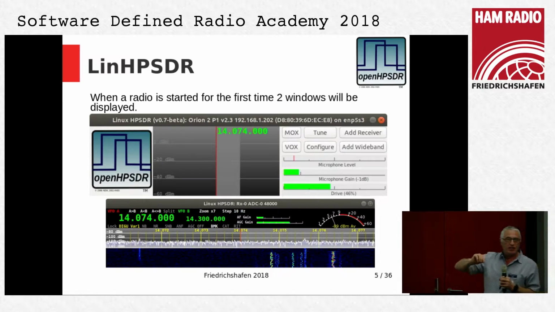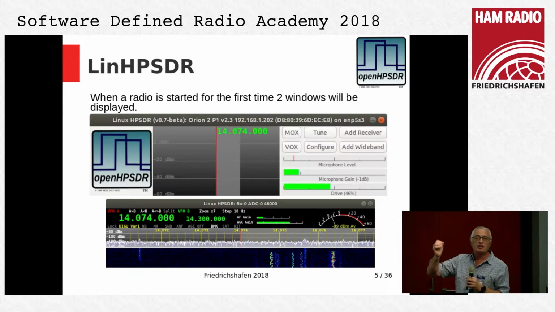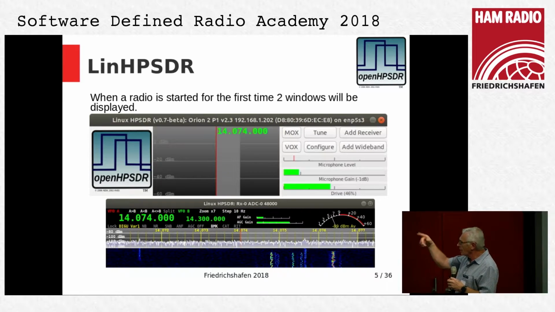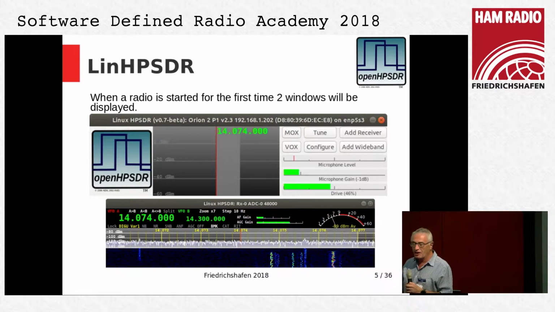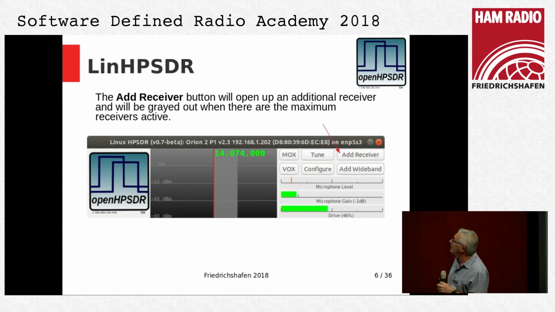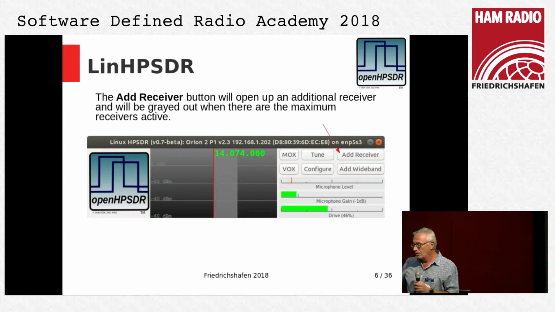There's no switch to turn it off, but you can just drag it all the way up or all the way down if you want to get rid of the waterfall, and it actually stops sending information to it once it knows it's too small. There's an S meter. I'll go into a bit more detail about all the functions on there in a minute. Okay, as I said, the add receiver button will just pop up more receivers.